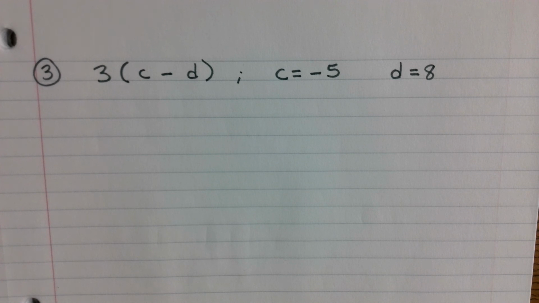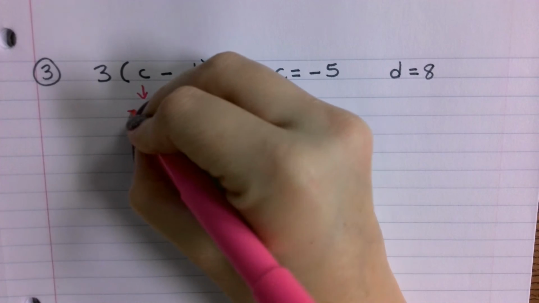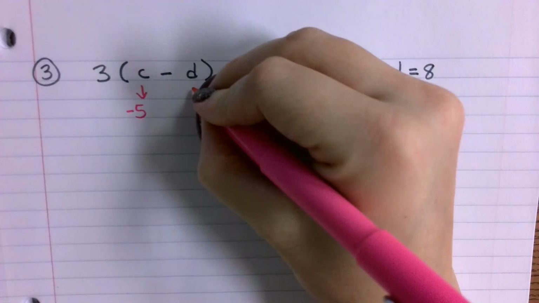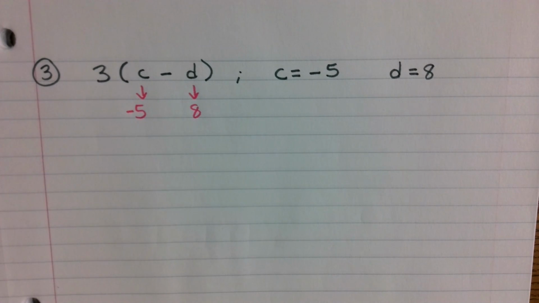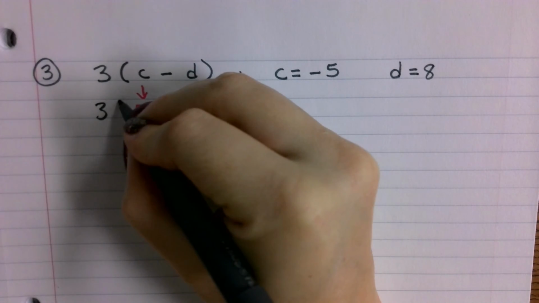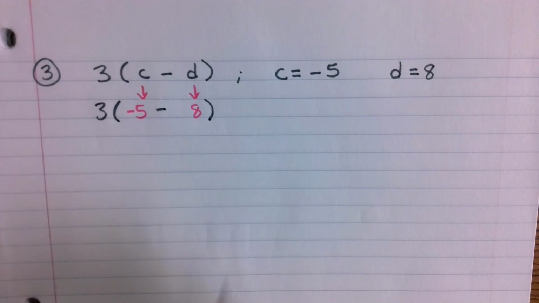All right, who can tell me what they got? Allison? -39 is correct. Okay, you're going to substitute. We're going to replace the C with a -5. We're going to replace D with a +8. Okay, so now I have the problem 3 times the quantity of -5 minus 8.